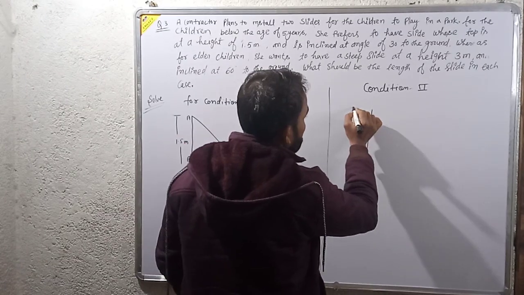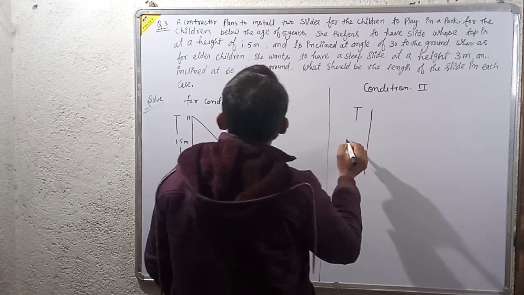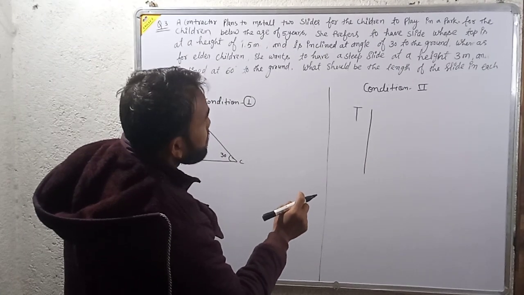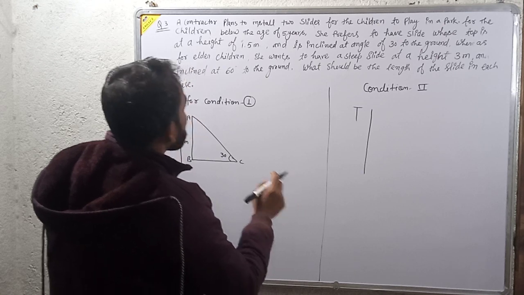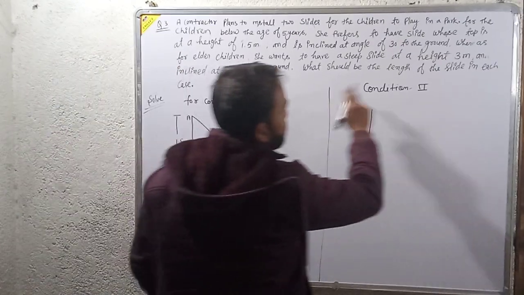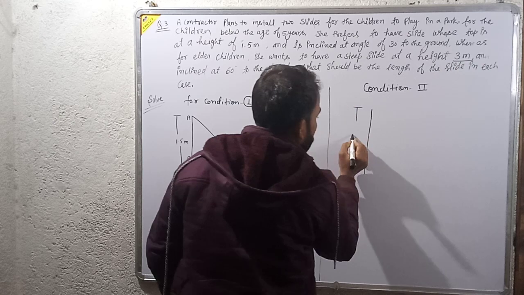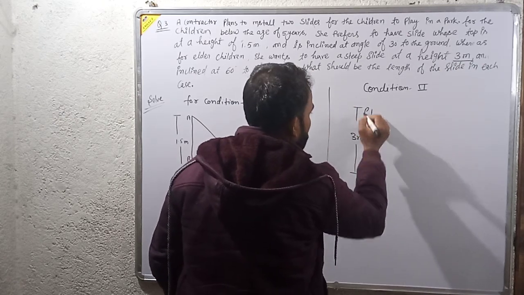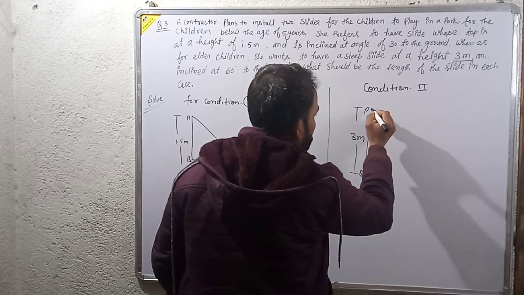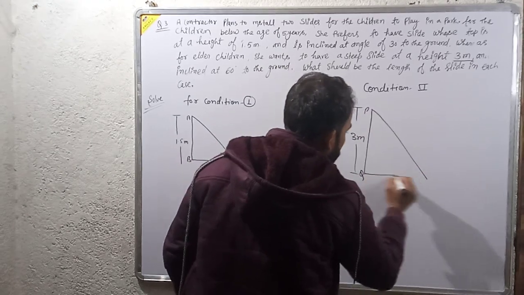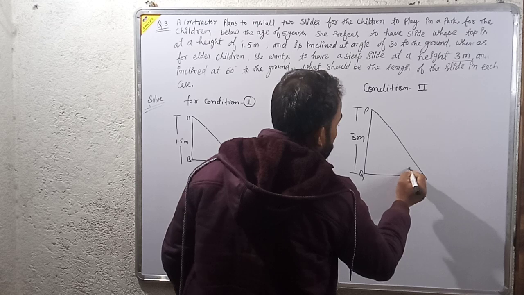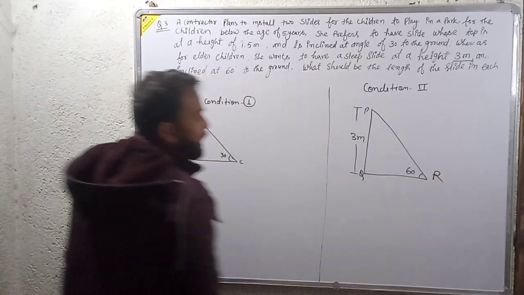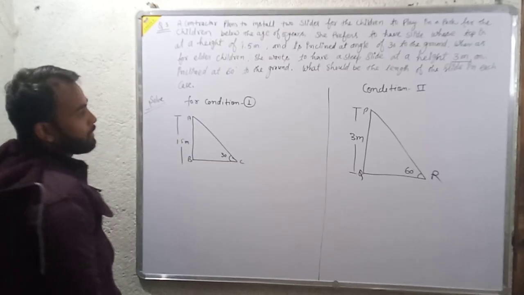It is given that this is 3 meter. This is PQ and this is the slide. It is given that the angle is 60 degrees at R. PR is the slide. Clear?